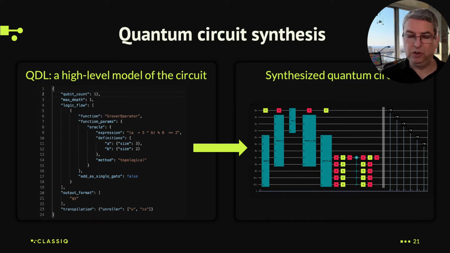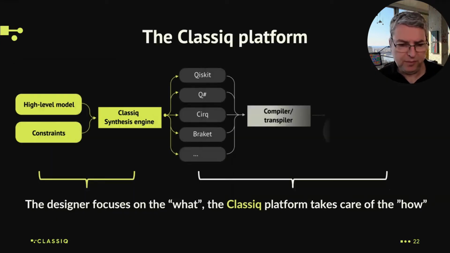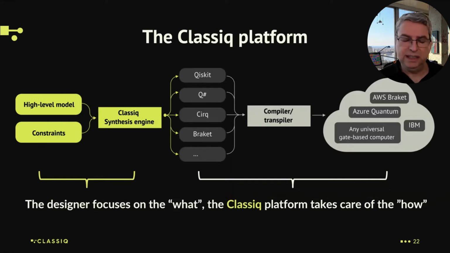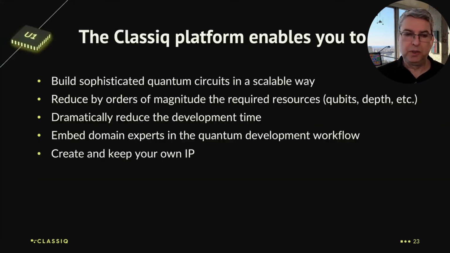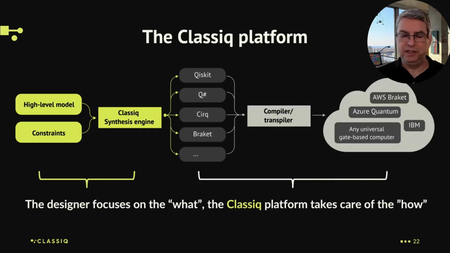And if you go to the next slide, Yoni, just to explain where we sit in the quantum stack, our synthesis engine accepts two inputs: the high-level functional model of what you're trying to do, and the list of constraints, which again could be the number of qubits or the gate set or the depth of the circuit, and so on and so on. Our output is one of the many existing languages.